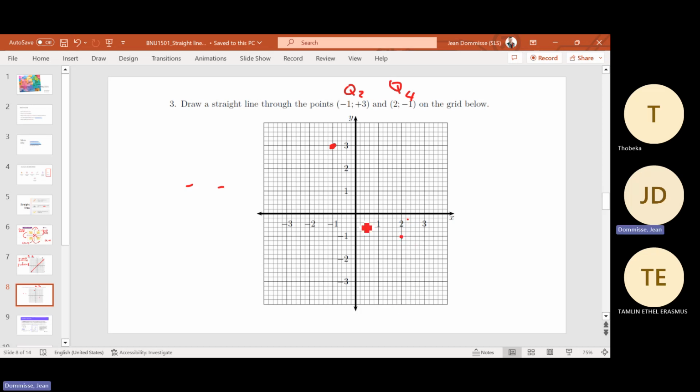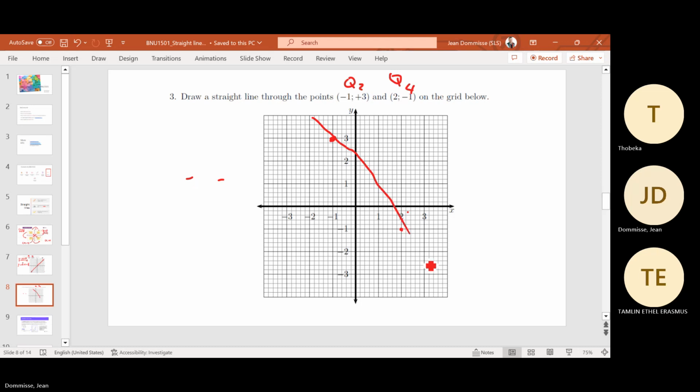Okay, so here we can also fit a line. Let's just assume it goes through those points, but I'm not 100% sure yet of what that is going to be.